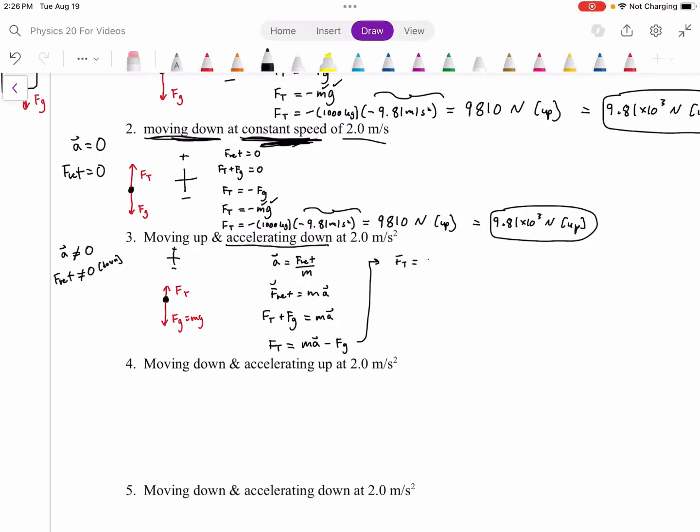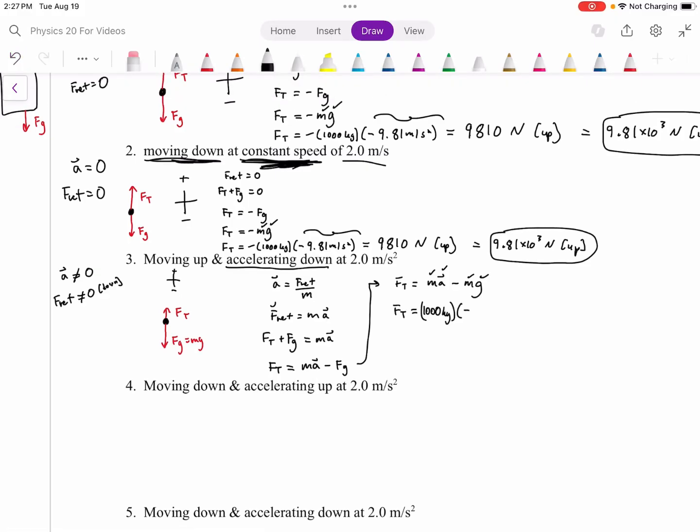So just moving up here where I have a little more room, Fg is still just mg, mass times acceleration due to gravity. Well, we know the mass, we know the acceleration, and we know acceleration due to gravity. We can calculate the tension here. Just don't forget, we're going to make that downward acceleration negative. So our elevator is still 1,000 kilograms and it's accelerating down at 2 meters per second squared.